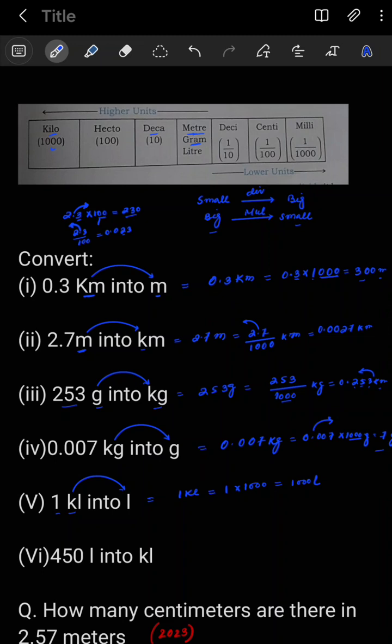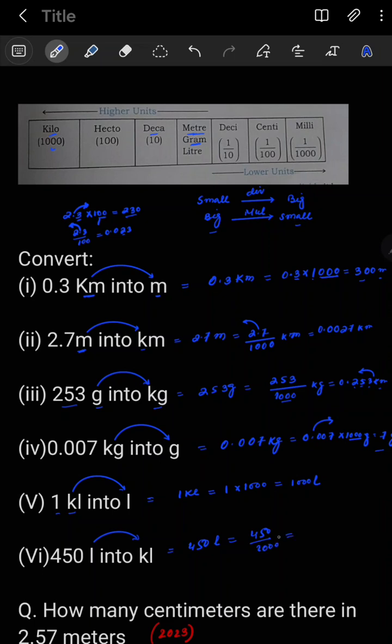Then next, 450 liters you have to convert into kiloliters. So it is liters to kiloliters. Liters is your small unit, kiloliters is your big unit. Just now I told you that if you convert small to big, you have to divide. So 450 liters, divided by 1000.